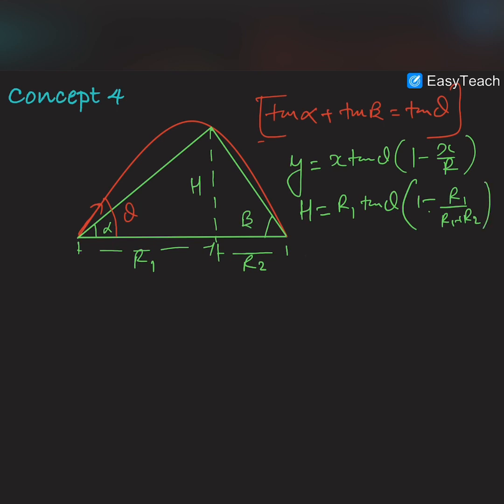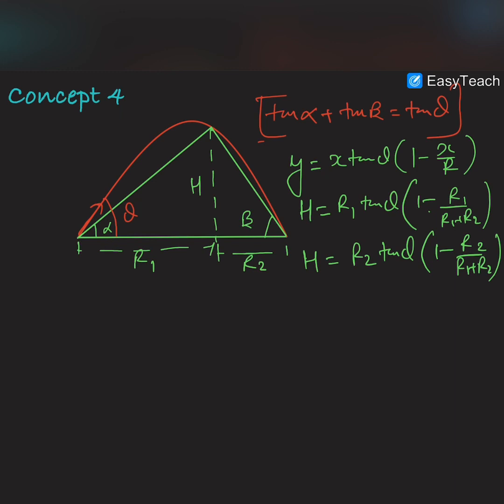Okay, and if we just backtrace the projectile, or we can assume that the angle of projection is this one, point of projection is this one, then this h would be equal to, because the x coordinate would be r2 in this case, tan theta into 1 minus r2 by r1 plus r2.